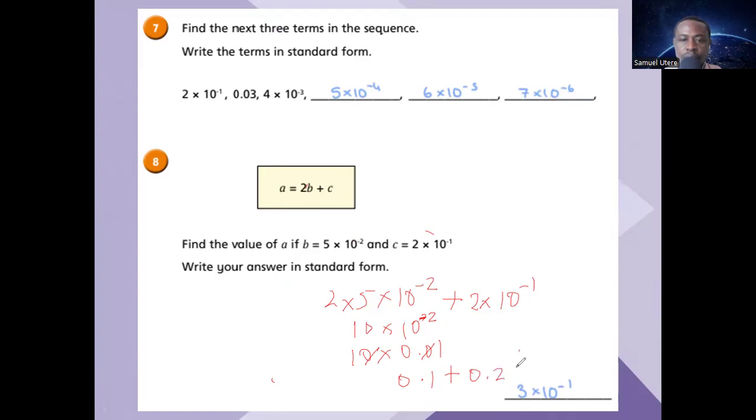So now this is the same thing as 0.3, which we can write as 3/10, which is the same thing as 3 divided by 10, which is the same thing as 3 times 10 to the power -1. So it's a very important exercise that you can go over again. You can study again the way I wrote the solution.